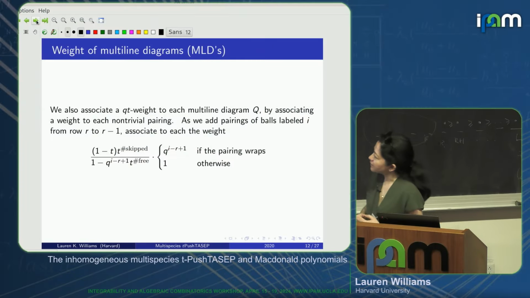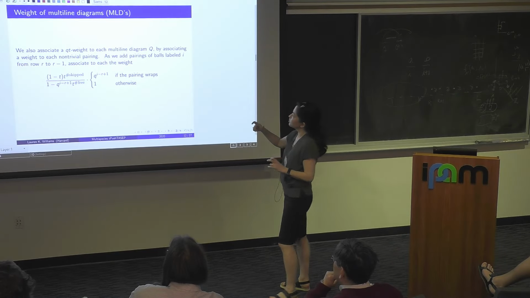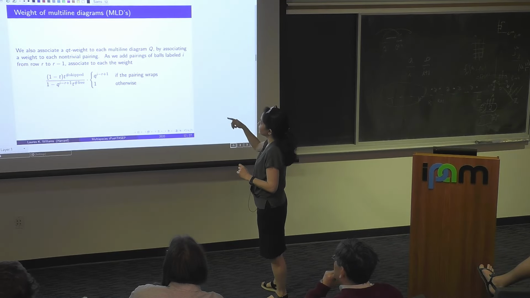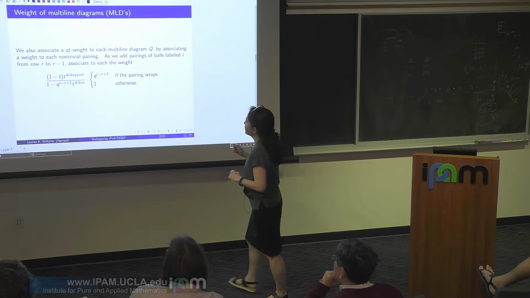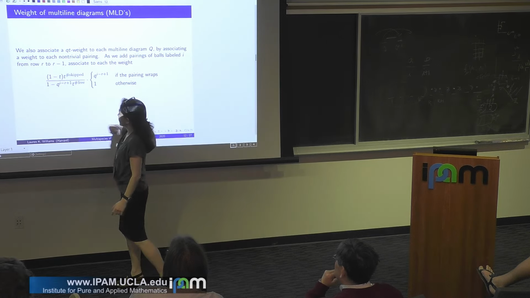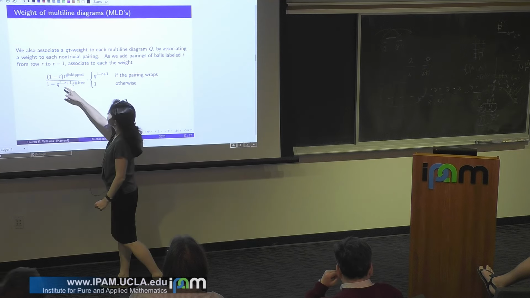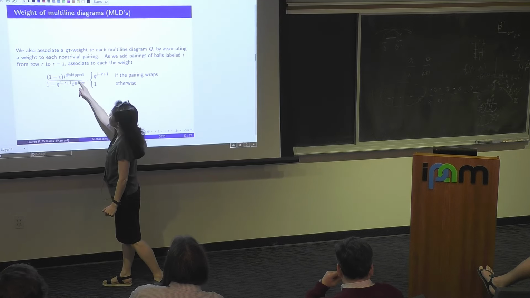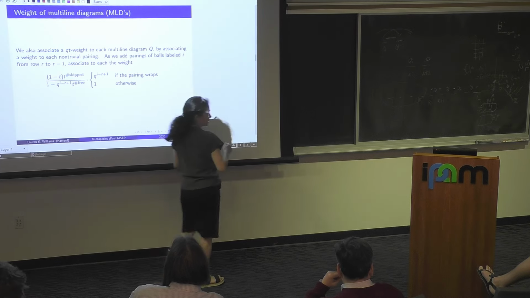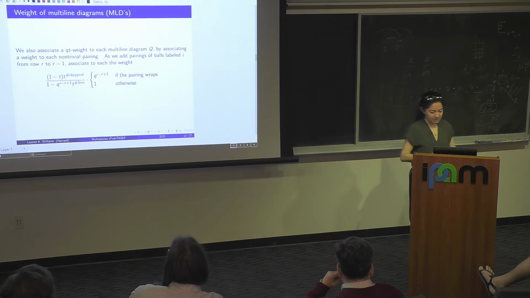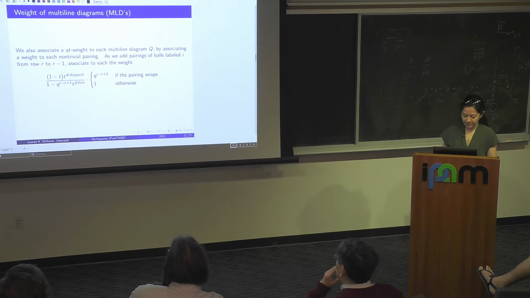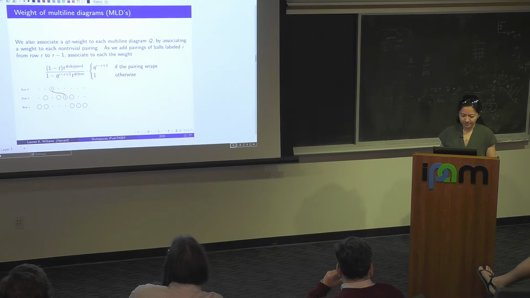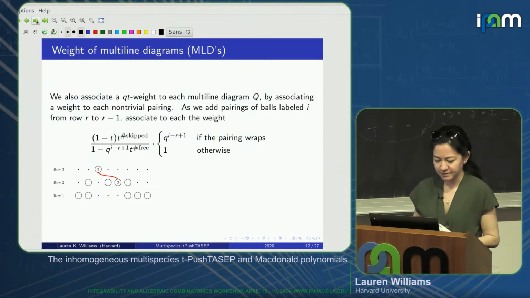So as we pair 2 balls, we attach to that line, pairing them, a particular weight. For the weight of that pairing, we're looking at how many balls get skipped over. And then we have a denominator that's taking into account how many balls there were to choose from when I made the pairing. And there's a Q statistic as well, which is actually not important in this talk, but is taking into account wrapping around the circle.